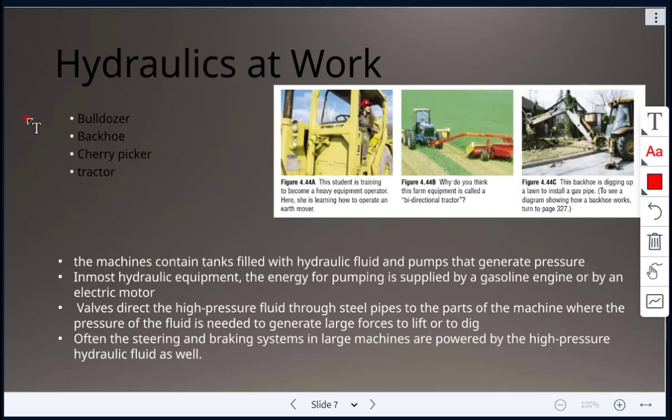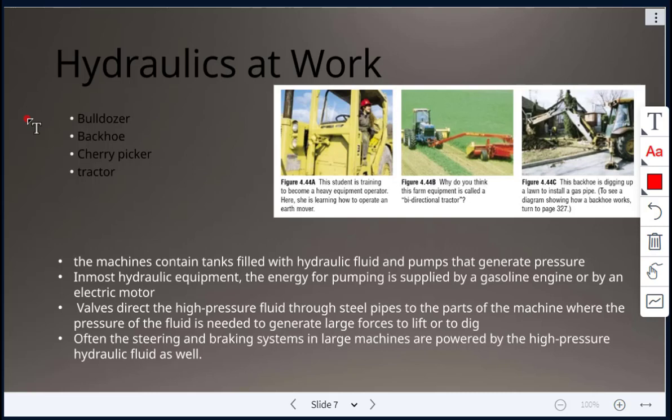All right, here are some examples of hydraulics. Bulldozers, backhoes, cherry pickers, tractors. They contain tanks that are filled with hydraulic fluid and pumps that generate pressure. In most hydraulic equipment, the energy for pumping is usually supplied by a gasoline engine or by an electric motor.